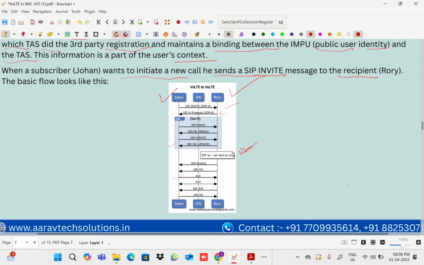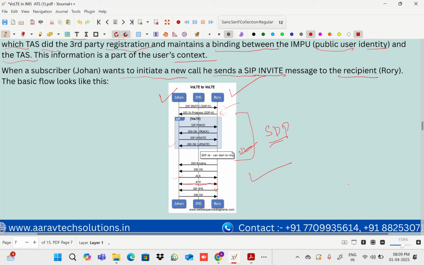John acknowledges the call, and on both sides we can communicate, setting up RTP, the real time protocol. So in this process, SDP negotiation happens, and after SDP negotiation they will match as per available codecs and fix the RTP. After the acknowledgement message, they are talking to each other. Then Rory is going to send BYE, maybe the communication is done, and on behalf of BYE, John is sending 200 OK. So this is the basic call flow.